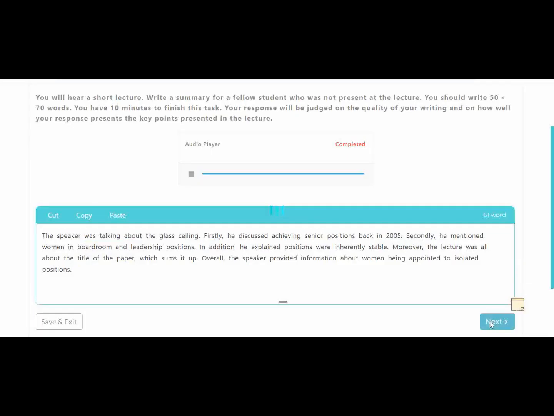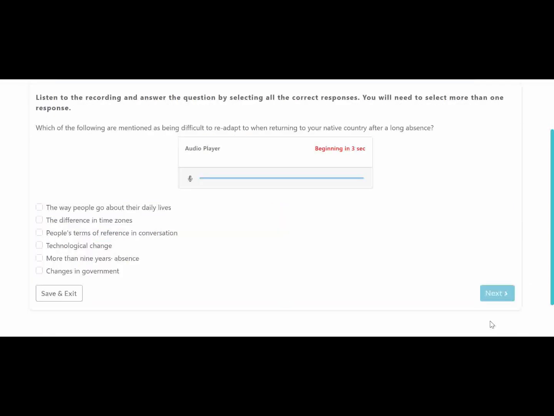Next question might be MCQ multiple answer, because in exam you will get MCQ multiple answers. Readjusting to life in your own country after living abroad for some time is a little like recovering from jet lag after a long flight across several time zones. It takes time. And research indicates that after 9 years of living in a foreign country, you never really do readjust.